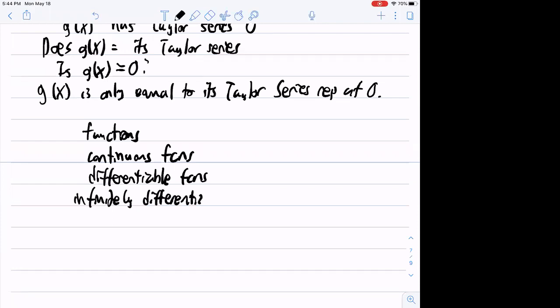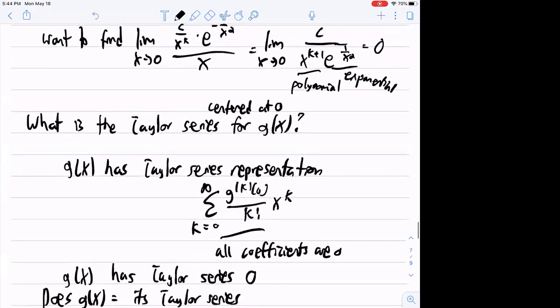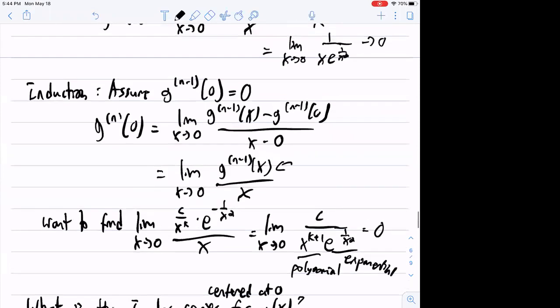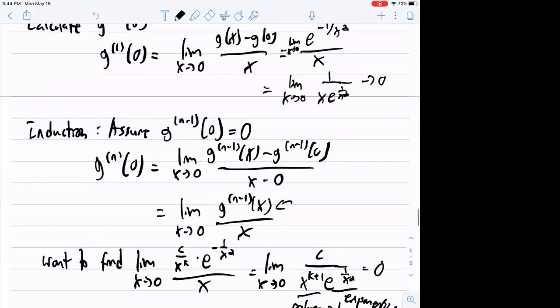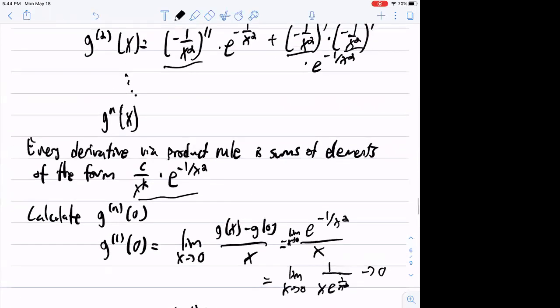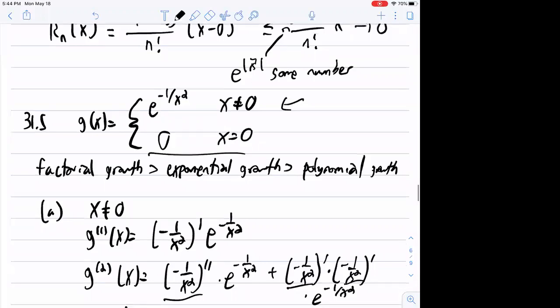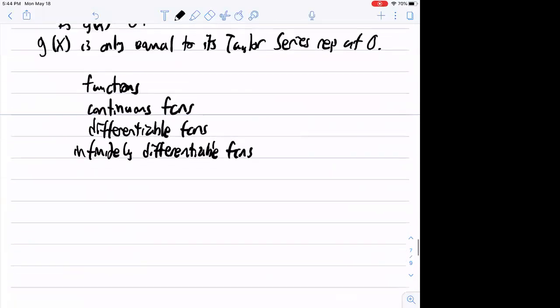Here g^(n) of 0 was 0 for all n, and g^(n) of x is just a sum of elements of this form. So g of x is certainly infinitely differentiable: away from 0 it's a bunch of product rules, and at 0 you get 0. But you see it's not nice enough.